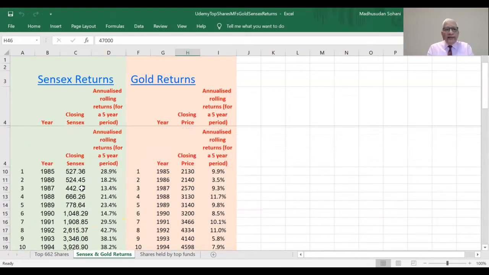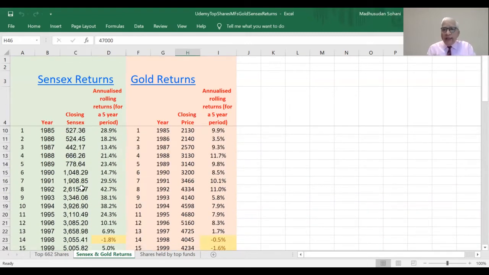Now let's analyze the returns over a 5-year period. In the sense, it is not return for 5 years, it is return for 1 year calculated on a rolling basis for 5 years. For example, this 527 was the index in 1985, and it gives an annualized return of 28.9%.